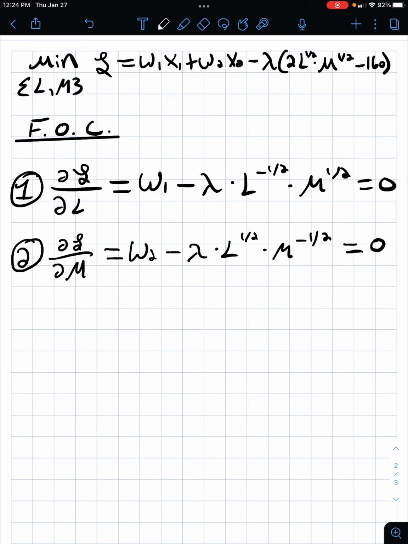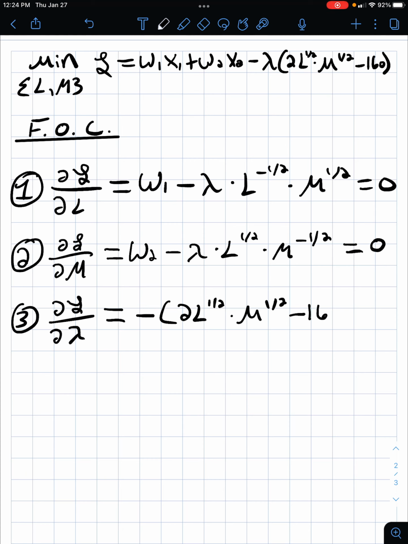And finally, let's take the partial derivative with respect to lambda. This will give us negative 2L to the 1/2 times M to the 1/2 minus 160, which is going to be equal to 0.